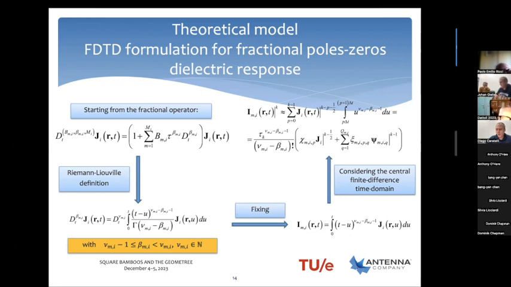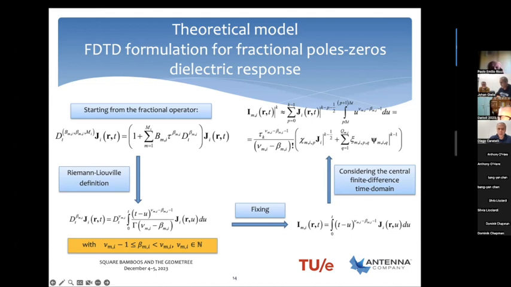And after tedious but rather straightforward algebra, where I skipped all the intermediate steps here for conciseness, we end up with the expression reported here that is dependent on a running sum operator denoted by capital Xi that is introduced in order to make this expression computationally viable as we proceed through the time marching scheme that is the underlying process in the FDTD algorithm.